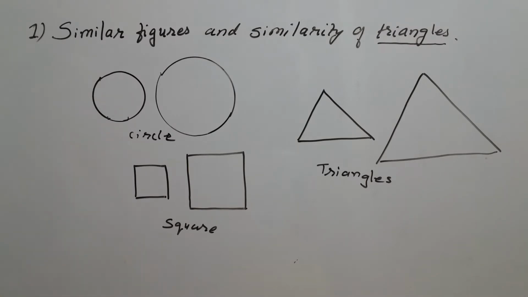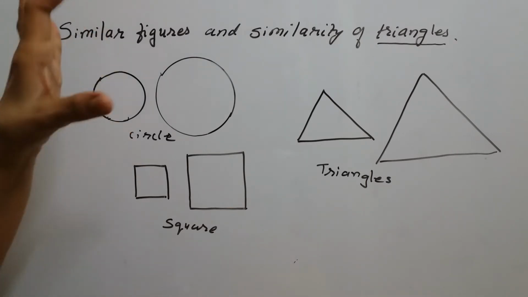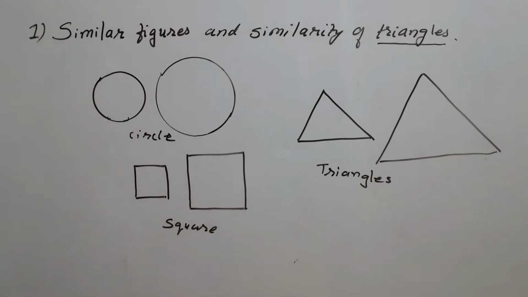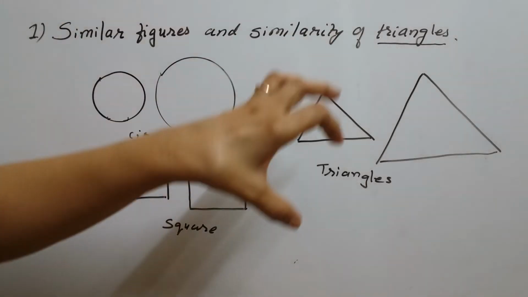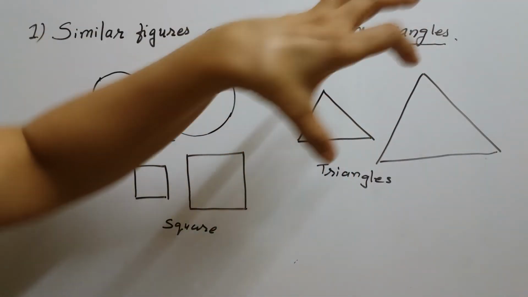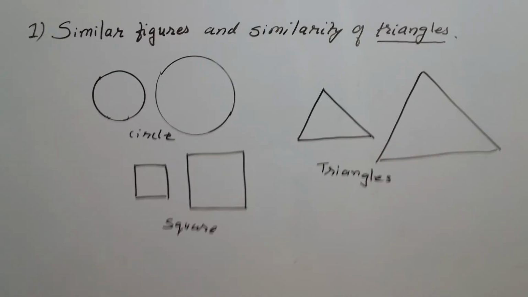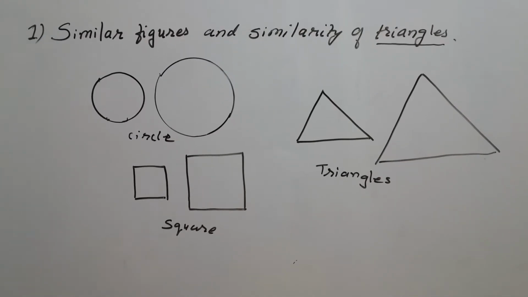So again, similar figures are figures which have the same shape but different size. All circles are similar figures because a circle maintains the same shape. Similarly, all squares are similar figures all the time. Similarly, all equilateral triangles are similar figures because they maintain the same shape.